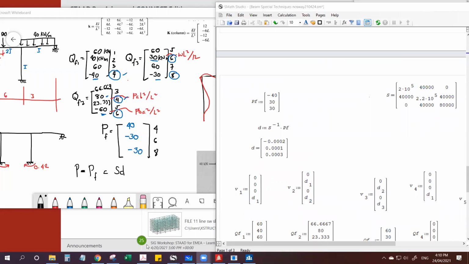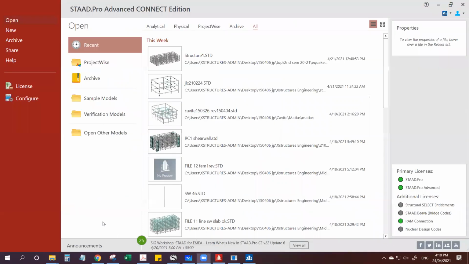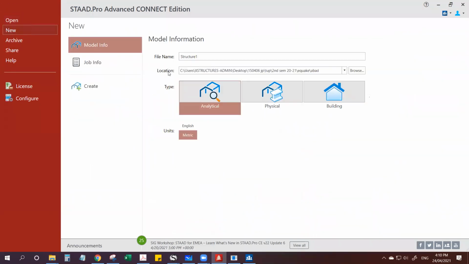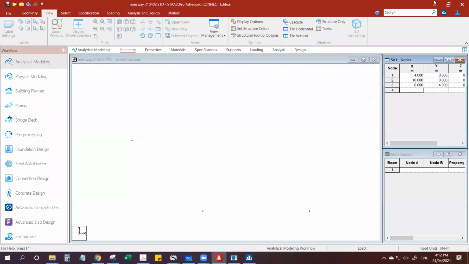Okay, let's now try to check it in STAAD. Okay, then new. So in STAAD, 0, 4, and 4, 4.